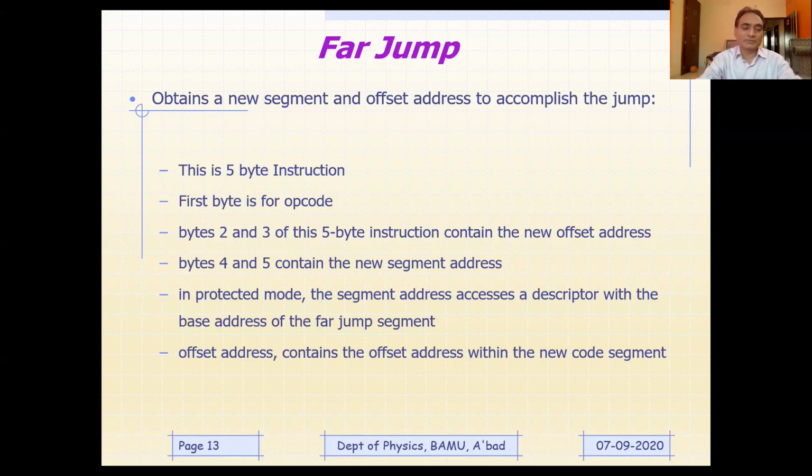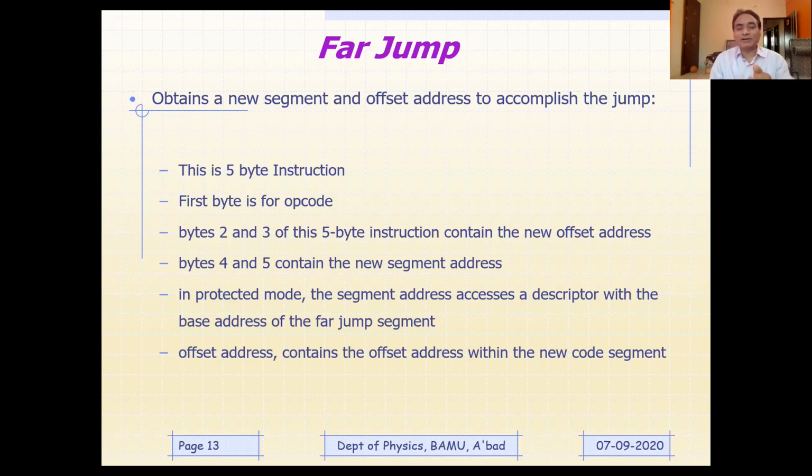So 2 to the power 15 is going to be 32k, and therefore near jump would allow you to branch or to jump within plus or minus 32k. Now since plus or minus 127 or 128 or plus or minus 32k is well within 64k, that is why it is called intra-segment. This is within the same segment.